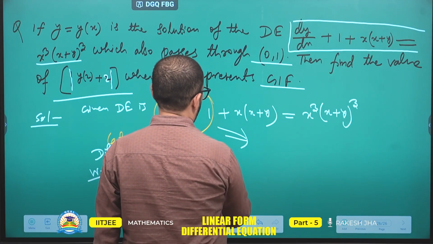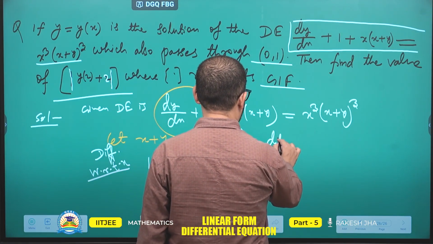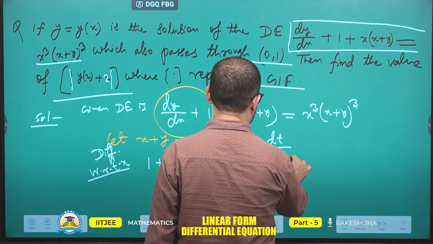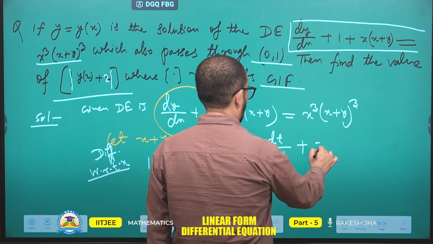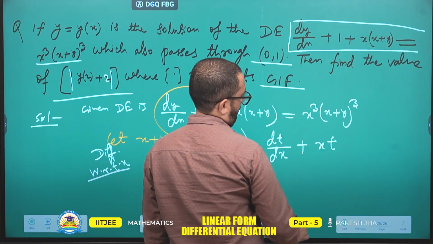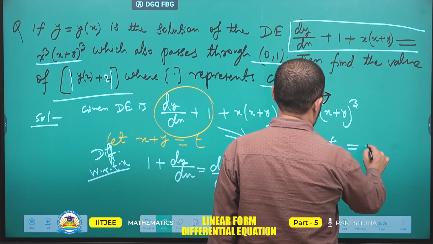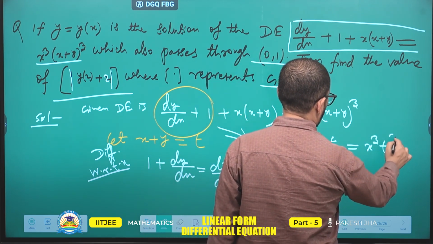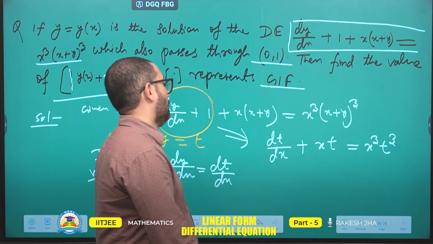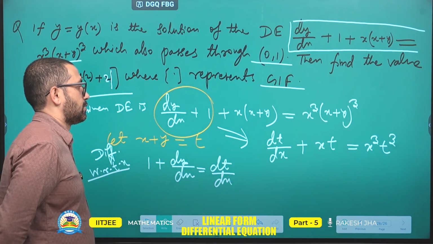So this 1 plus dy by dx will be substituted with dt by dx. So we can write this as dt by dx plus xt is equal to x cube t cube. Now what shall we do?